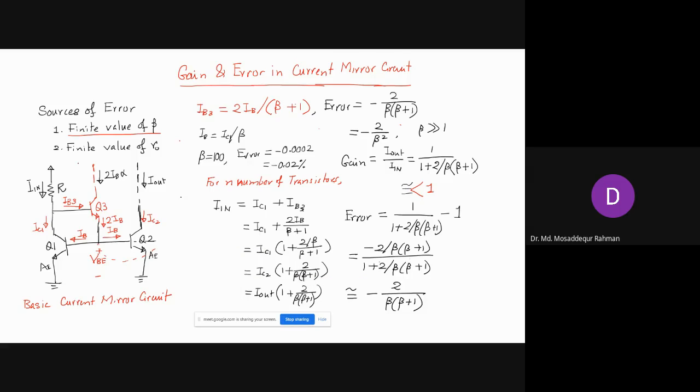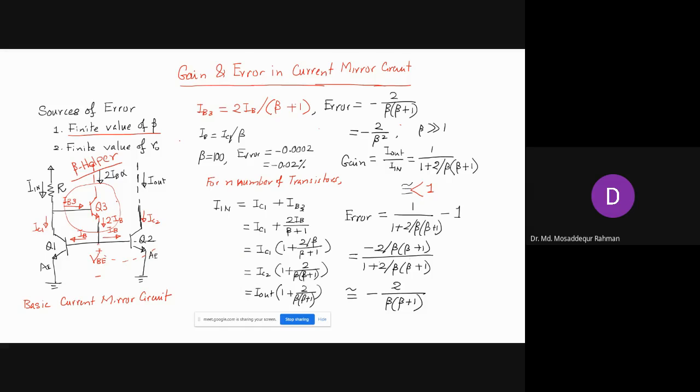So this circuit here is called the beta helper. So this one helps to reduce the error due to the finite beta.